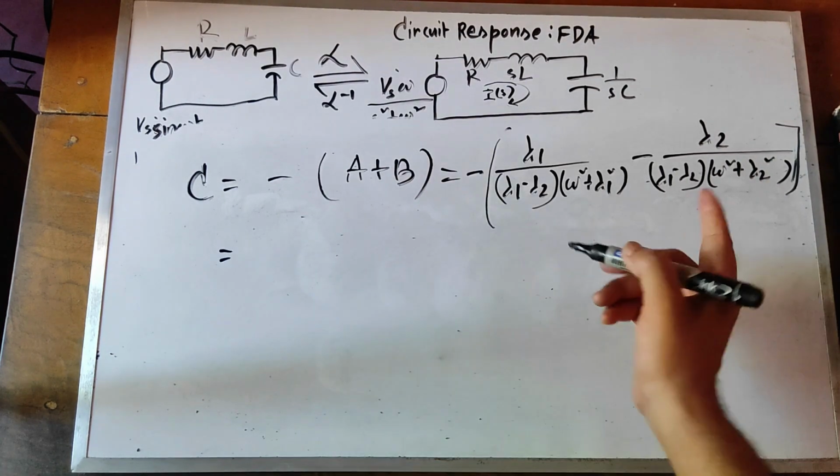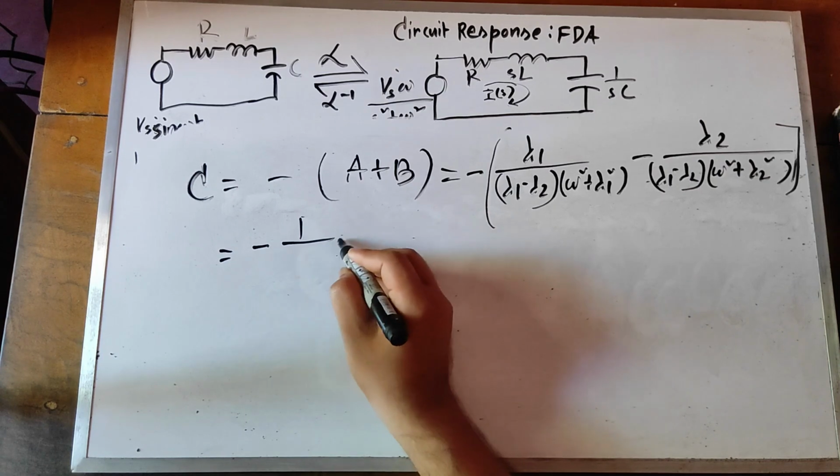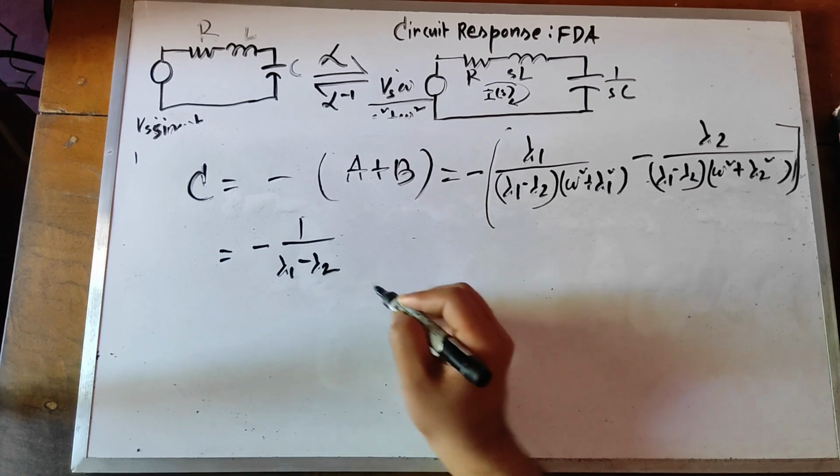So this will give me minus 1 by lambda 1 minus lambda 2.